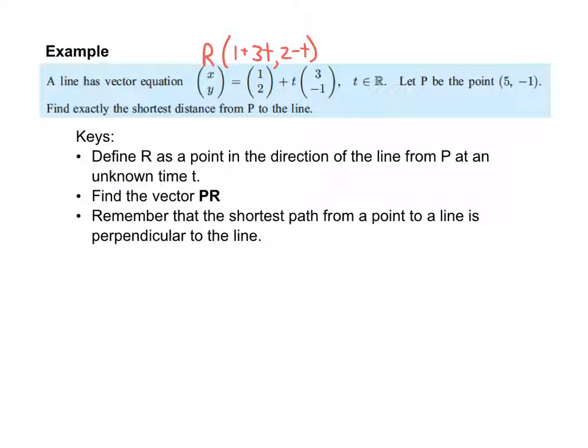So if I want the vector PR, I have point P, which is 5, negative 1. I have point R up here. Wait, are P and R vectors or points? P and R are points. P is the point 5, negative 1. R is a point on this line.